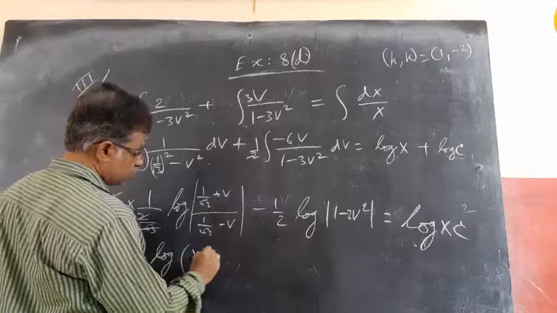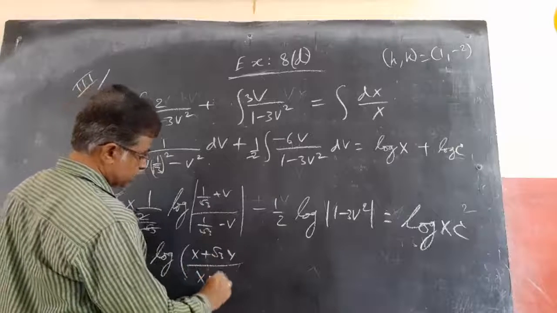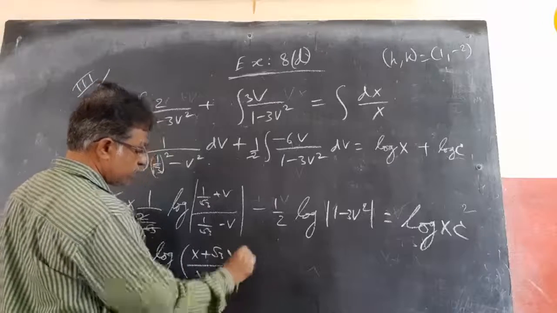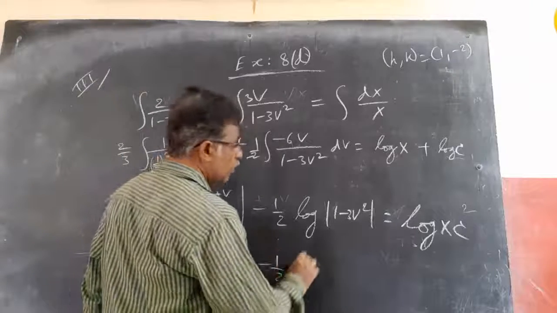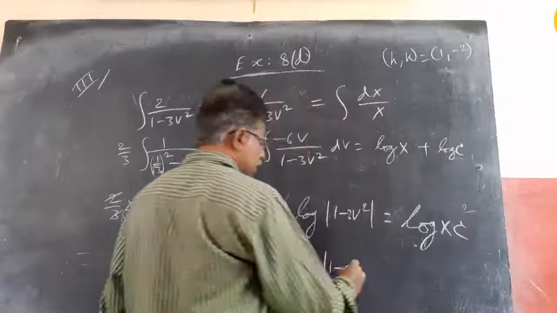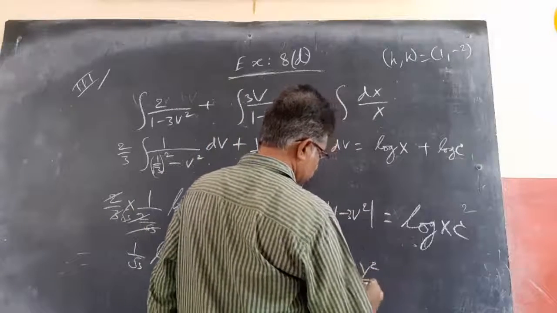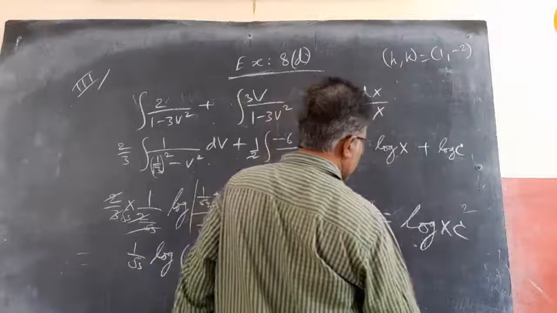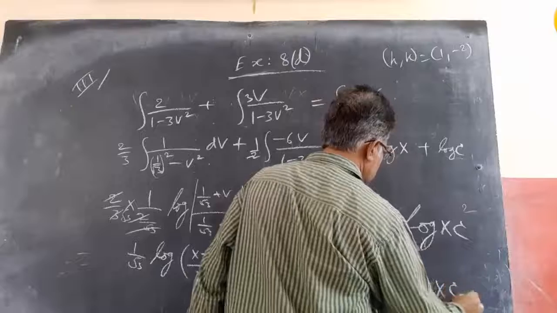So x plus root 3y by x minus root 3y, minus half into log of 1 minus 3b square, 3 into y square by x square, equal to log xc.